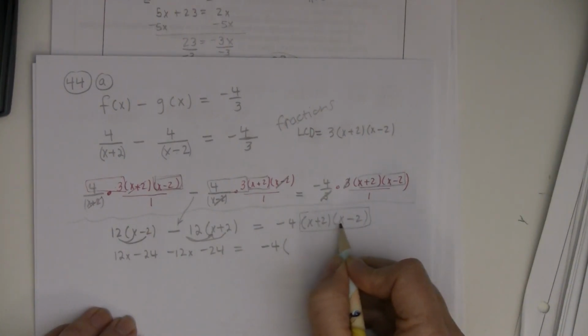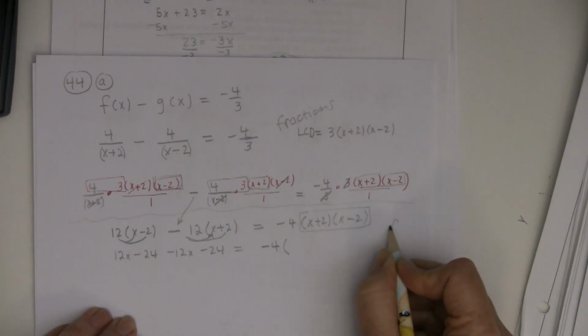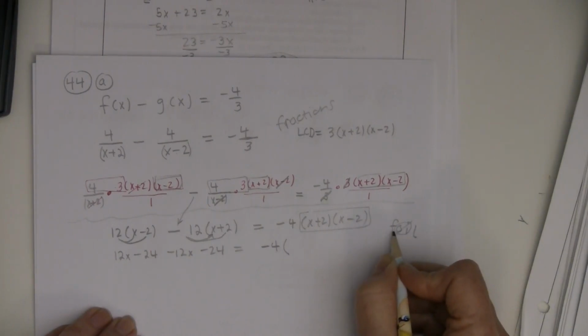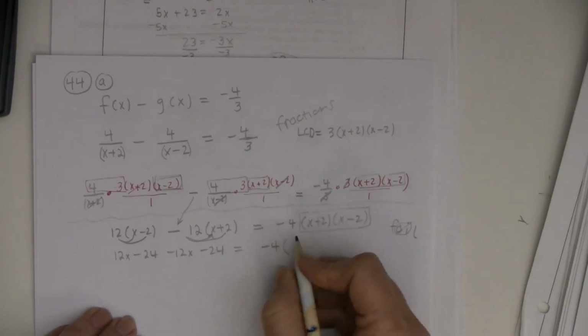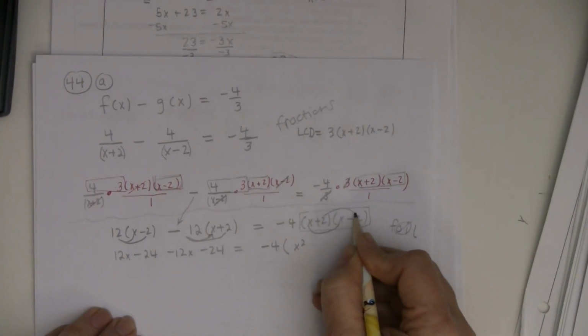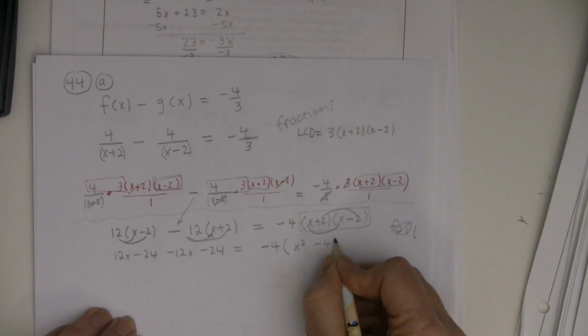So I'm going to have minus 4, and I'm going to multiply this together. Now I know when I FOIL it, the outer and the inner are going to make 0. So I'm just going to be lazy and multiply the first and the last. This is going to give me x squared, and this is going to give me minus 4x.